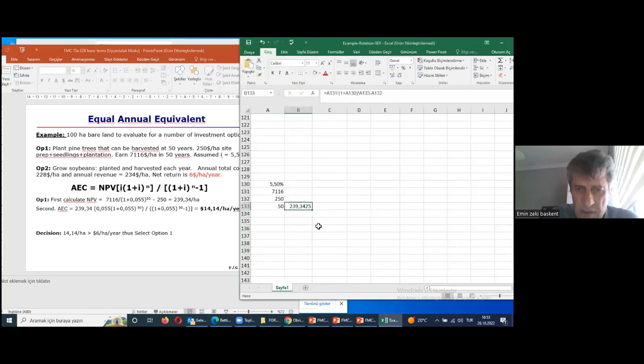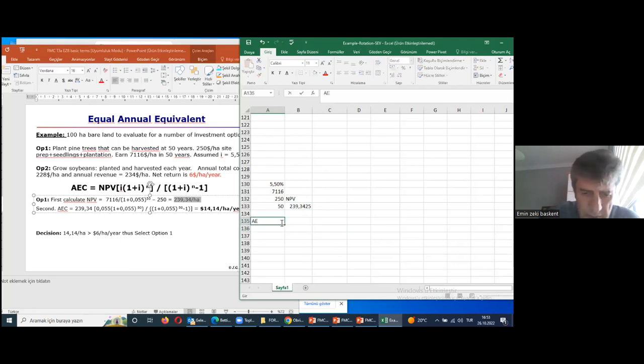As you can see, 239. This is net present value. Then the next step is to calculate the annual equivalent cost. We will do it together. Net present value, which is this one.